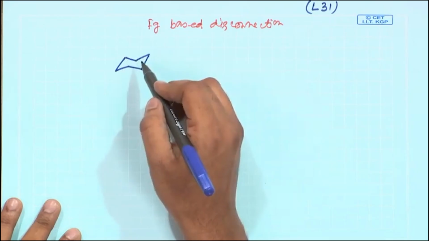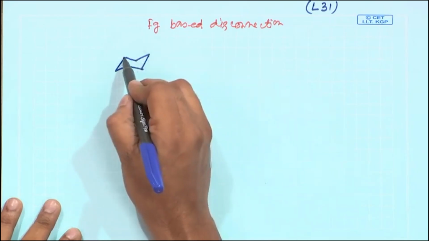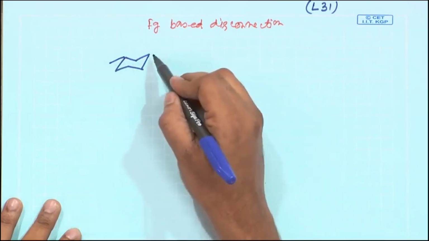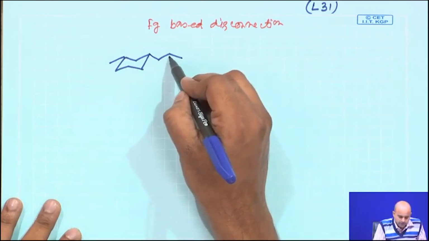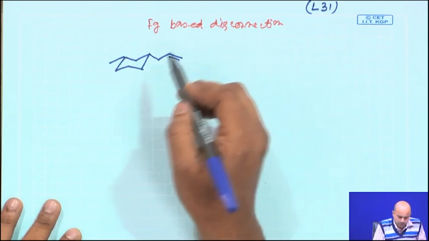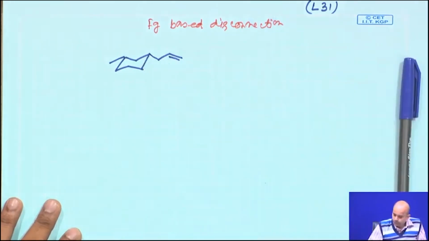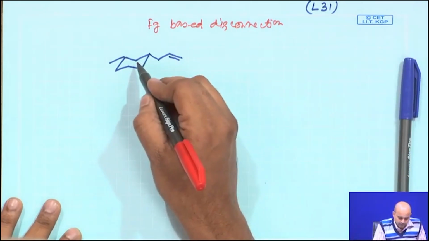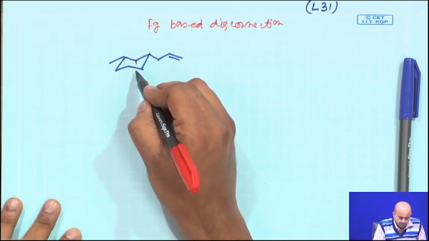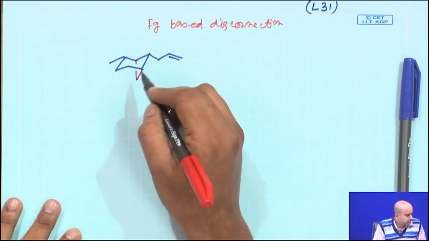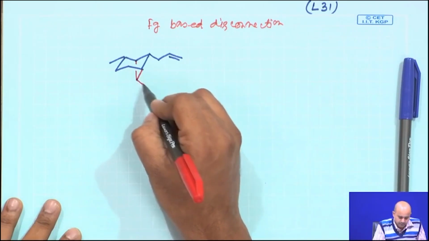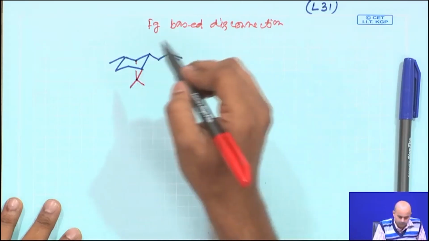Now, I am going to give you the target structure. The structure might look a little complex to you, but nevertheless you should try to draw it in a 3-dimensional form.